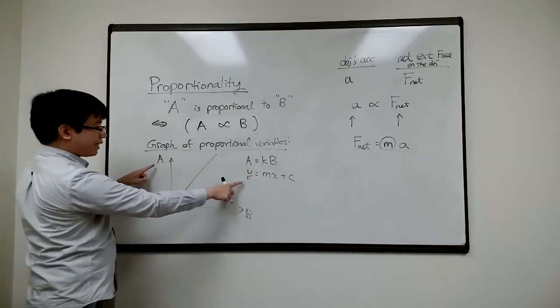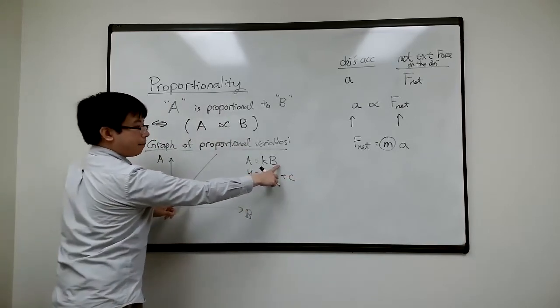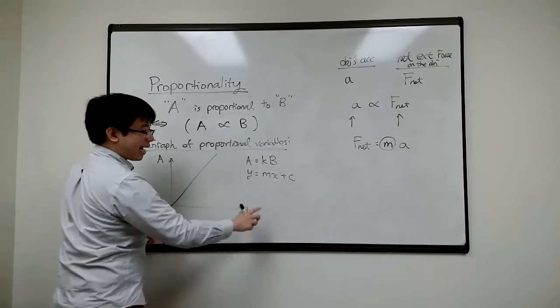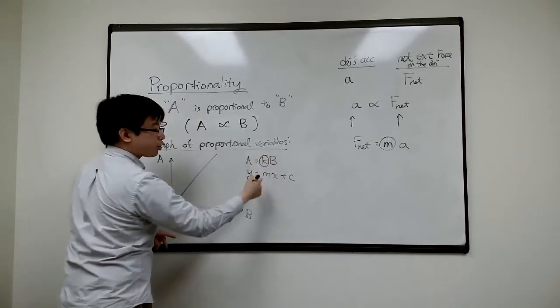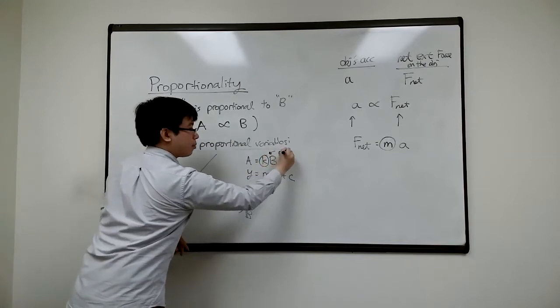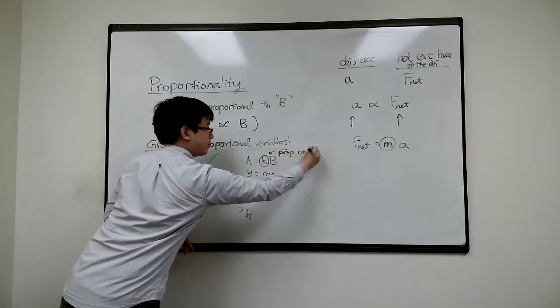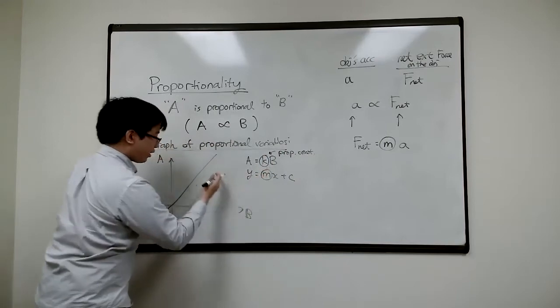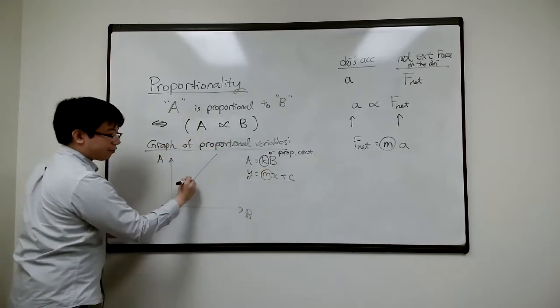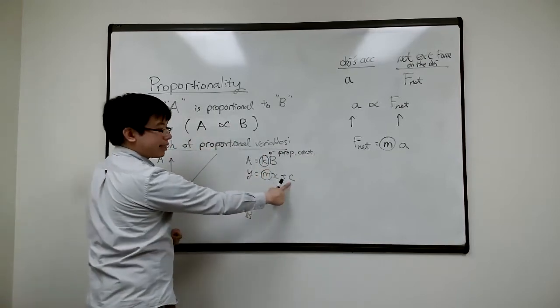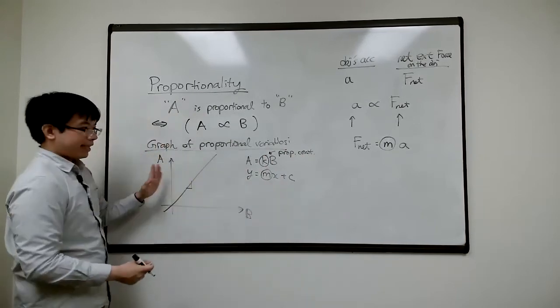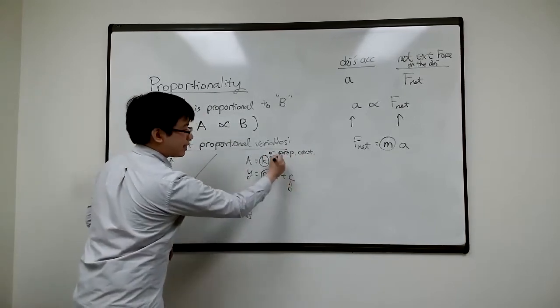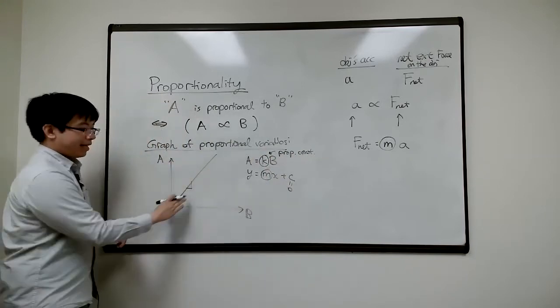Now A plays the role of the y-axis, B plays the role of the x-axis. The proportionality constant plays the role of the gradient or the slope of this line. And the y-intercept, which tells you where it intercepts the axis, is 0 if you're plotting A and B like that.